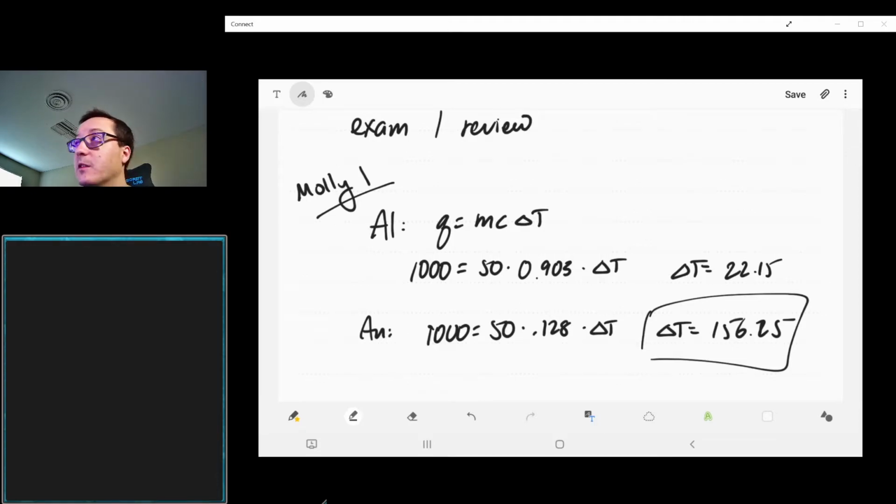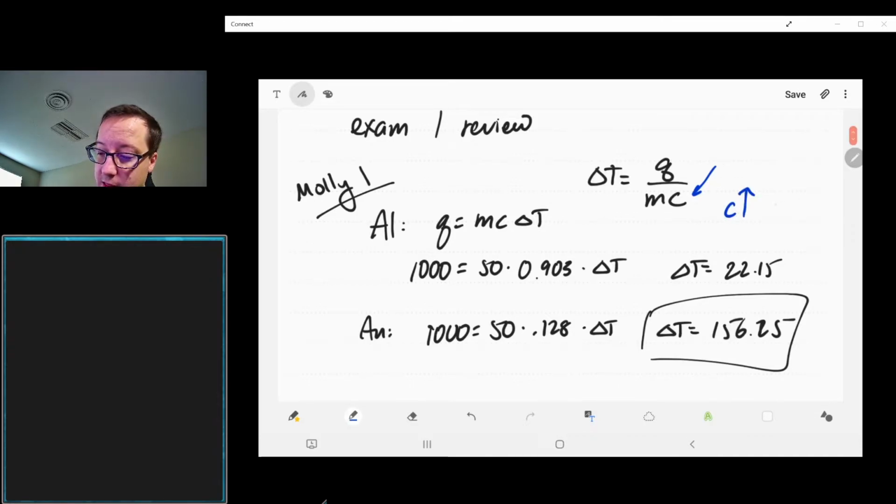Without having to deal with fake numbers, we could have solved this for delta T and seen that since specific heat capacity is in the denominator, if specific heat capacity goes up, then delta T will go down. They're inversely proportional for the same amount of energy and mass. So we're looking for the one with the lowest heat capacity, which is going to be gold.